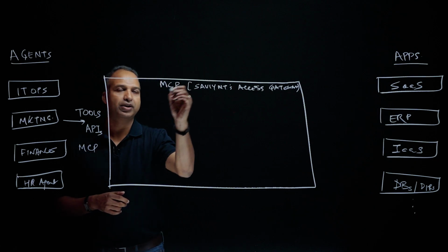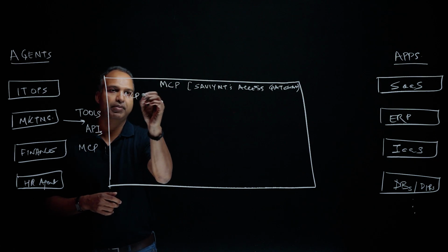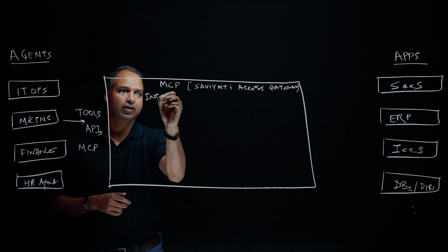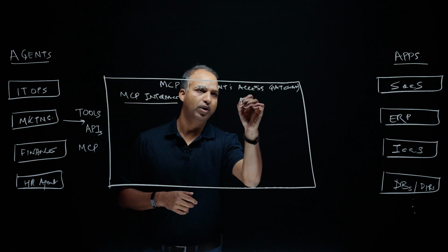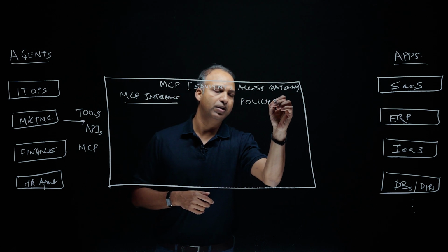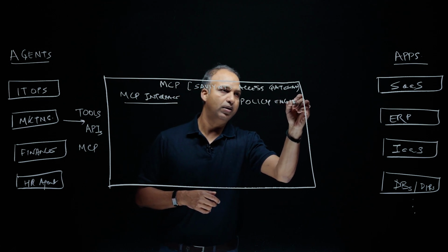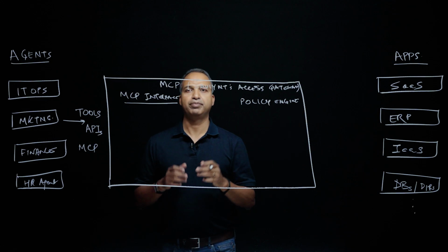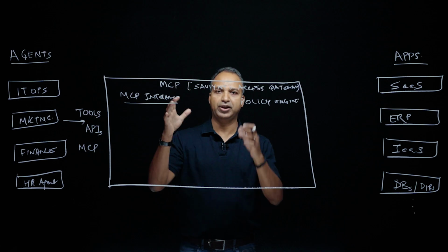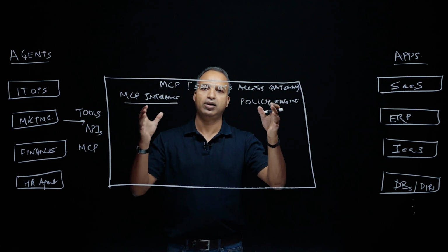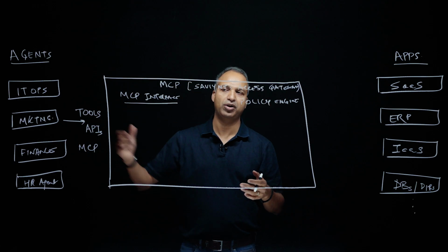It has got two parts. One is an MCP interface and the other one is a policy engine. As I mentioned, Savynt's access gateway is nothing but an MCP server, which means you can consume this entire component as an MCP endpoint to your agents.